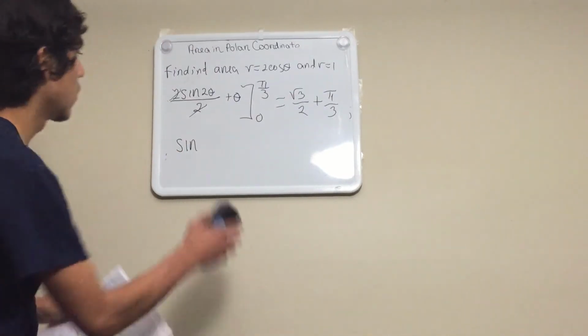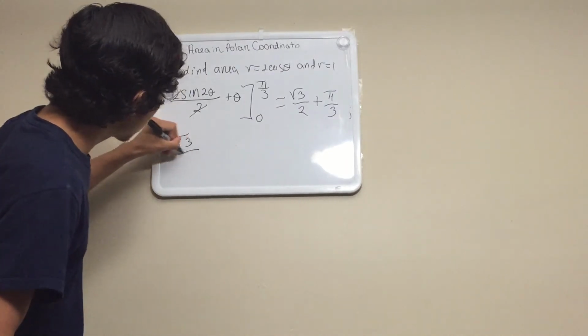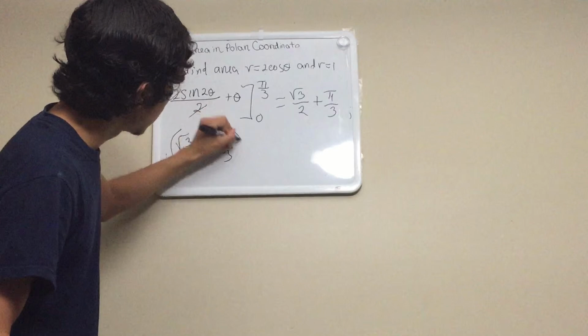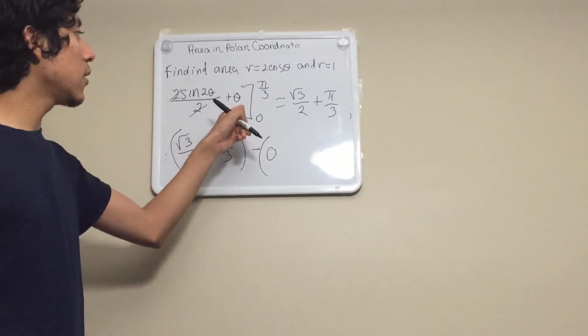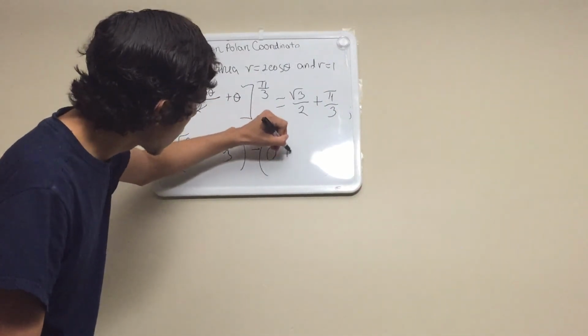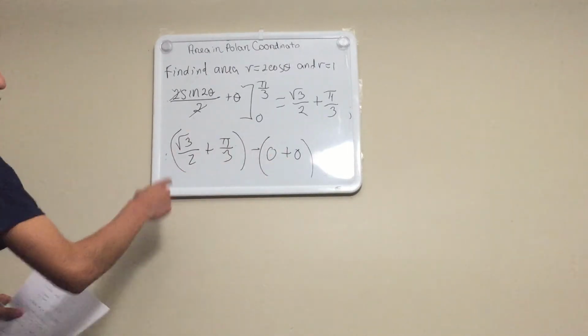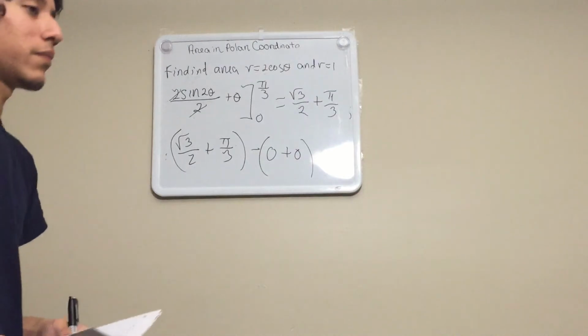So basically we have radical 3 over 2 plus pi over 3 minus 0, where we plug in 0 for theta, and when we add all of that, we just get radical 3 over 2 plus pi over 3.